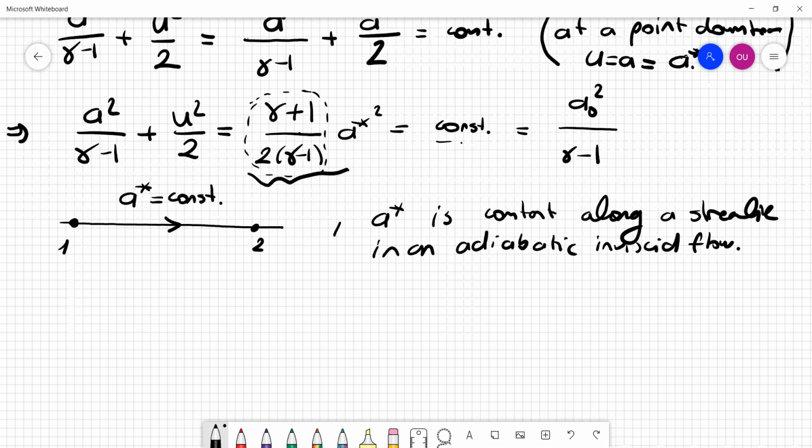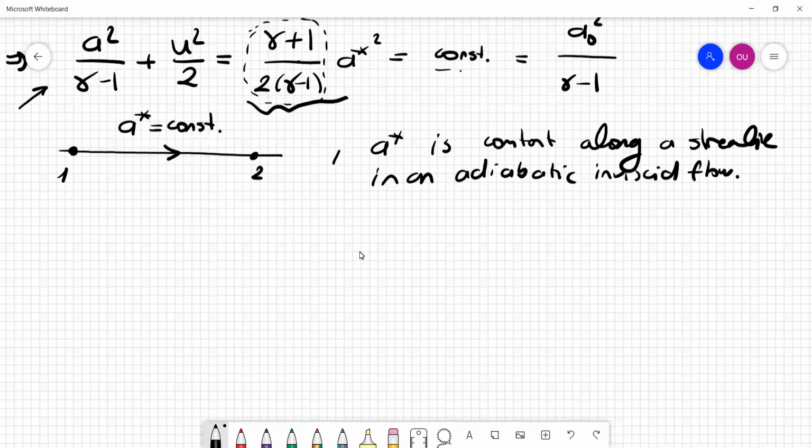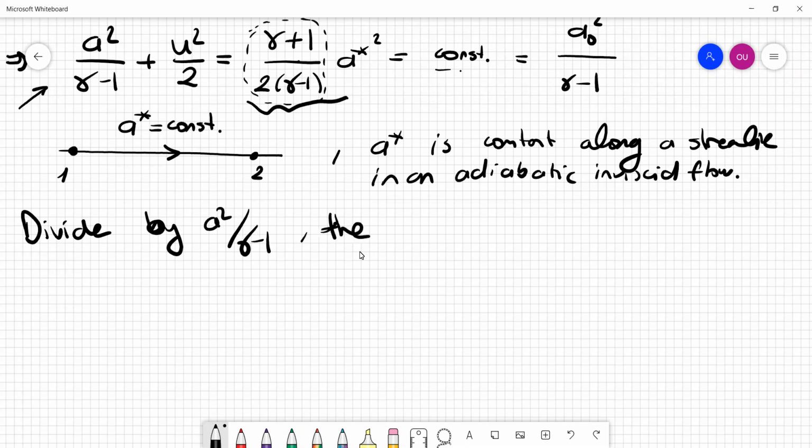So returning back to this equation now, we will manipulate this a little bit. This equation here, we will play with it a little bit. First, we will divide the whole equation by a square over gamma minus 1.